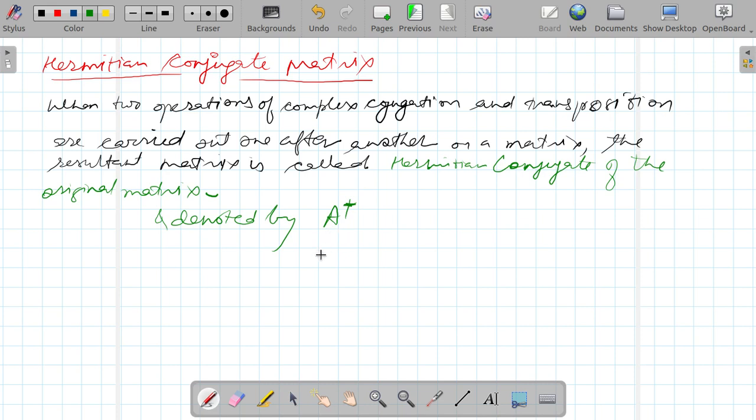This symbol is known as dagger, and we call this quantity A dagger.